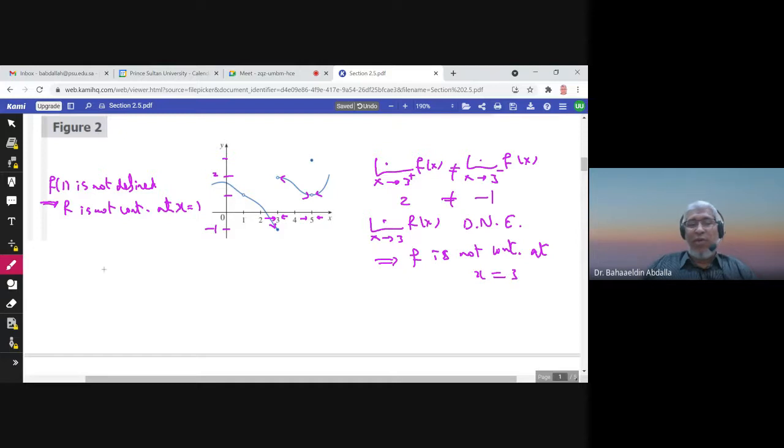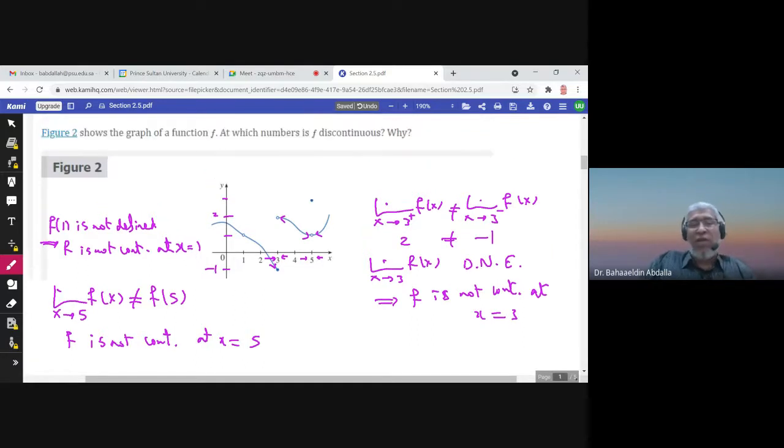But the problem at 5, the limit of the function when x approaches 5 is not equal to f of 5. And that's why f is not continuous at x equals 5.